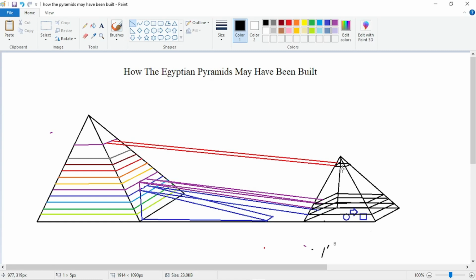Like this would be however many rows are in the pyramid. I mean, there's got to be 30 or 40, I would imagine. I'd have to look at it. I'm sure everybody that really knows about the pyramid would know how many levels of stone make up the pyramid.